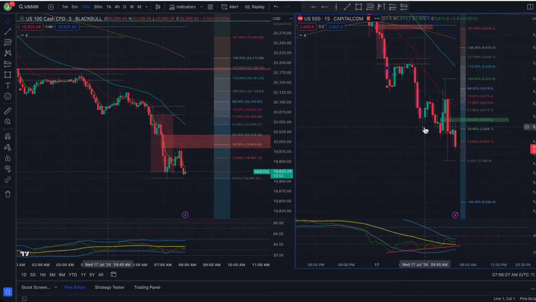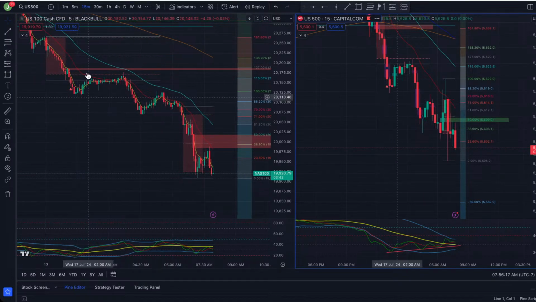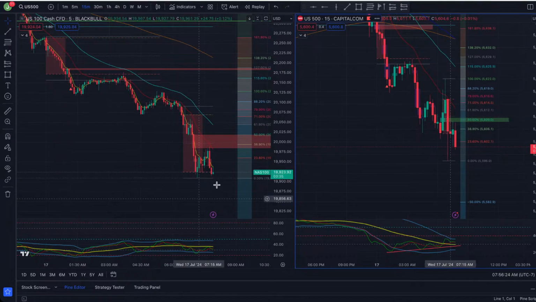Let's see which one of these gives us confirmation first. On days like this where the market is extremely bearish or bullish, the good thing is we do get confirmation relatively quick. Let's hope that's the case today.